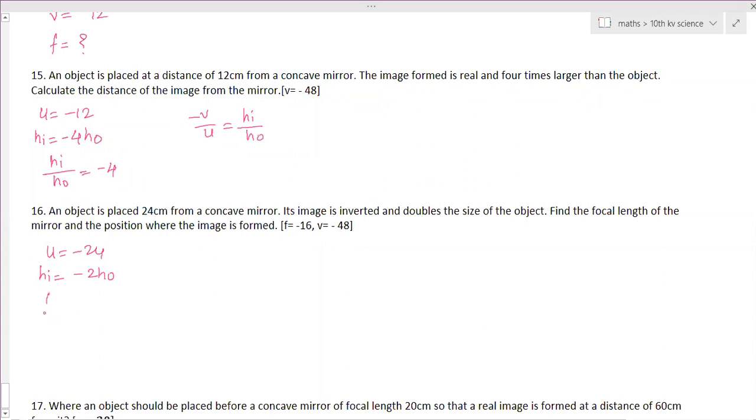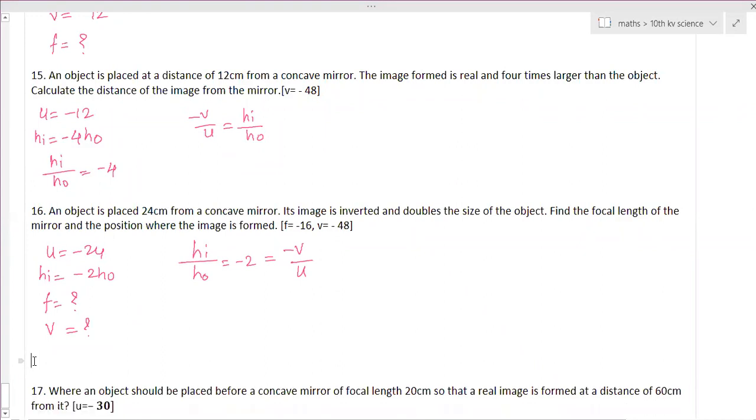And now we have to find the focal length and the V. So you have HI is equal to minus 2HO, so HI by HO is equal to minus 2. That is equal to minus V by U. Find the V value and then find the focal length by using the mirror formula. Must be minus 48. Yes, right.